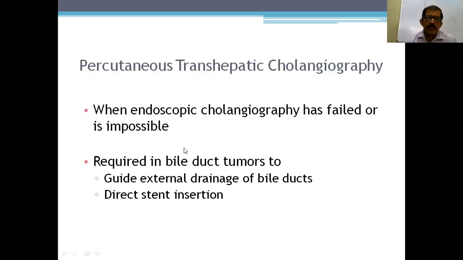The other day I was discussing PTC, that is, via the liver percutaneously. One prerequisite to do PTC is you have to ensure that there is, what is there? Yes, what is the prerequisite?